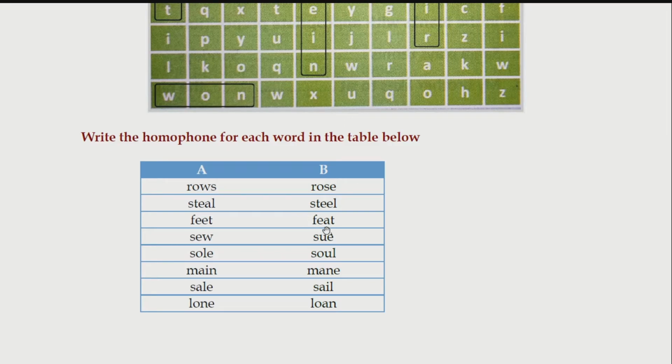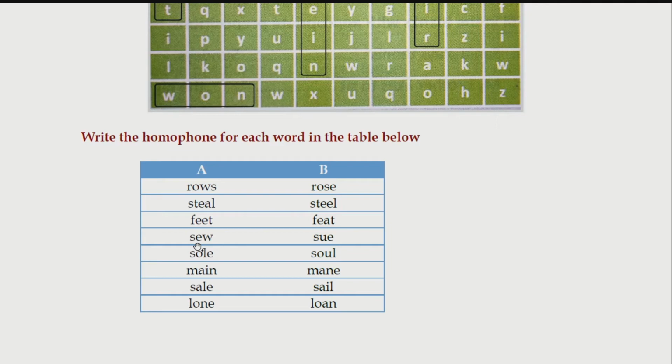Now let me tell you, FEAT in Hindi means kartab. And kartab means a particular kind of work which needs a lot of courage, himmat. You can take examples of soldiers. Soldiers do a lot of feat. That means they do some work which needs a lot of courage, himmat.